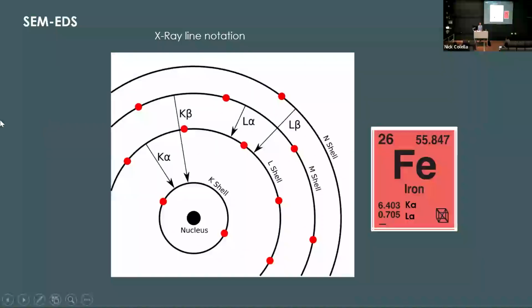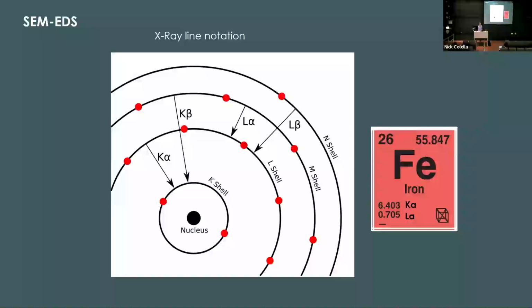Those are named in such a way that we know both where the electron vacancy was created and which electron was able to replace it. You may have seen KLM shell notation before.